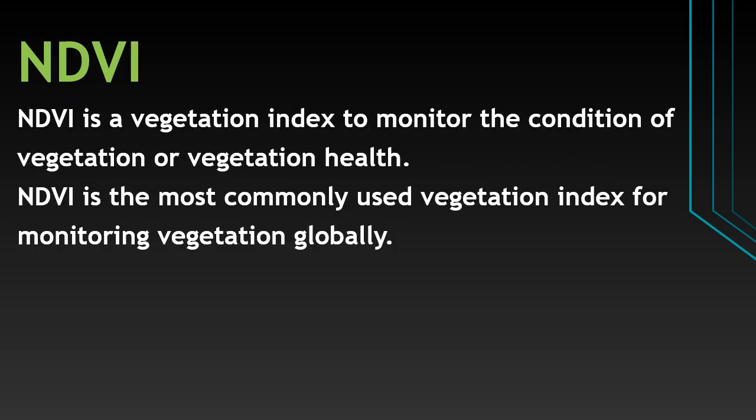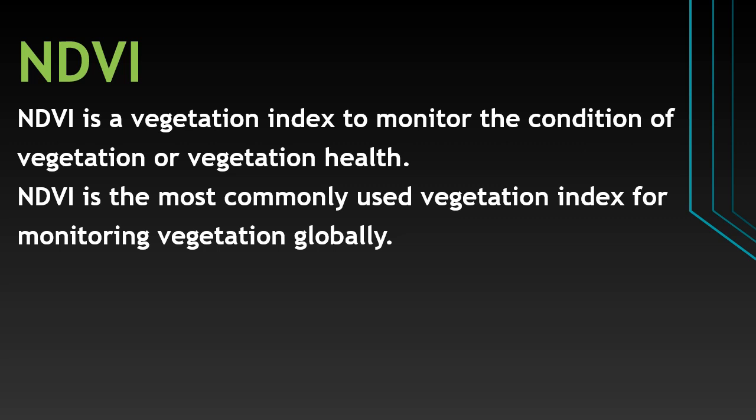As a definition, we can say that NDVI is a vegetation index to monitor the condition of vegetation, or vegetation health. NDVI is the most commonly used vegetation index for monitoring vegetation globally as well as locally. By vegetation, we can understand that it may be a forest, a grassland, a bushland, or another form of natural vegetation.